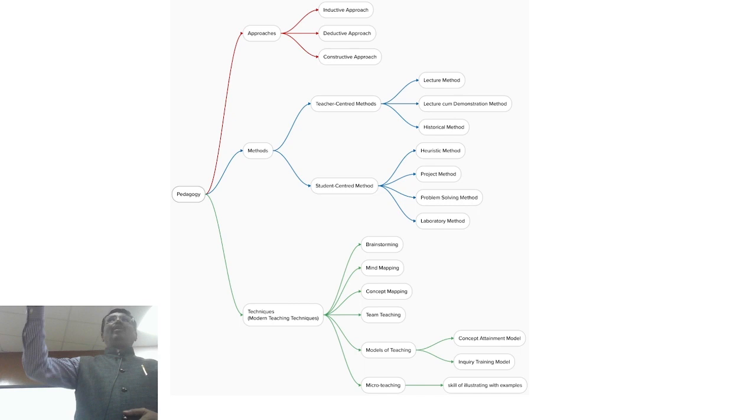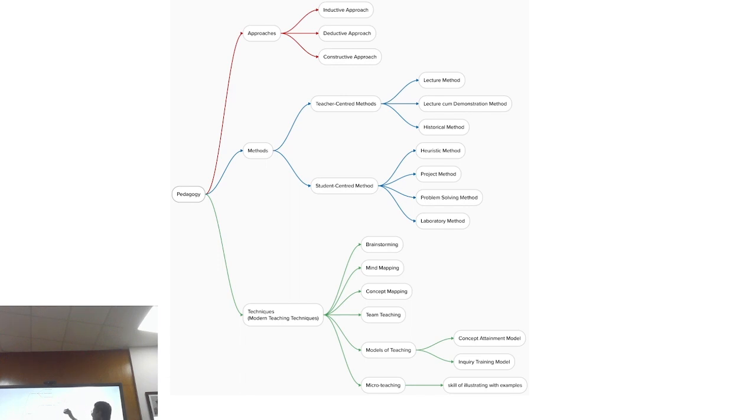So all put together, today we have discussed pedagogy. Pedagogy includes approaches, methods, and techniques. Approaches which we have discussed today are inductive approach, deductive approach, constructive approach. We have discussed teacher-centered as well as student-centered methods. Among the teacher-centered methods: lecture method, lecture cum demonstration method, historical method.